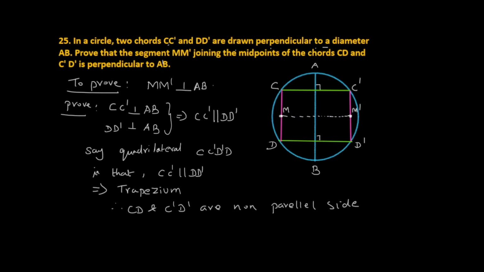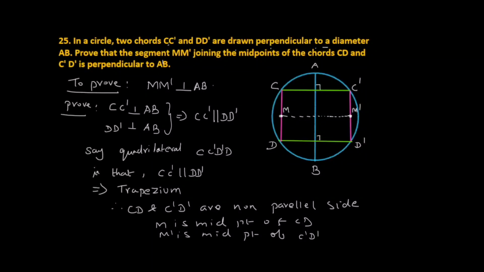Now the line segment joining the midpoints of the non-parallel sides is definitely parallel to the parallel sides. M is the midpoint of CD and M dash is the midpoint of C dash D dash.